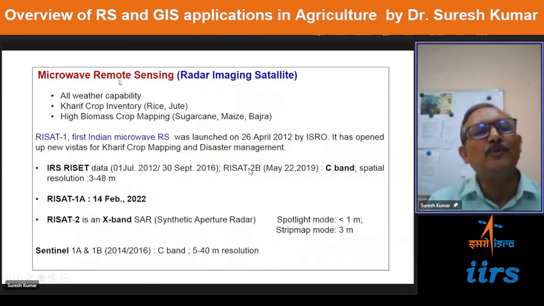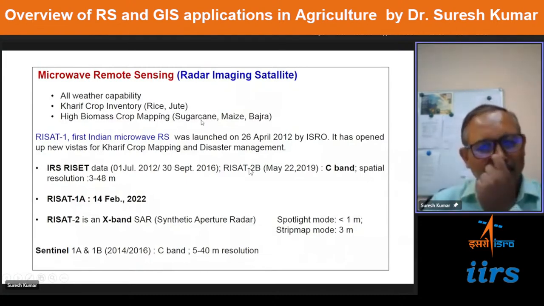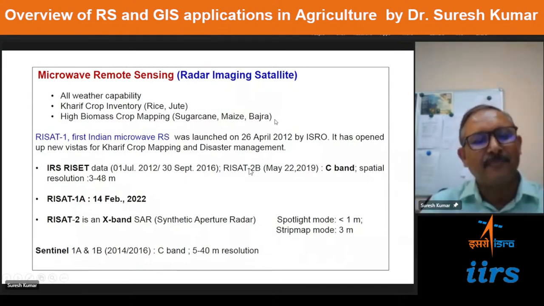So we are using microwave remote sensing satellites primarily in the Kharif season, because microwave remote sensing satellites have all-weather capability and can be used for the Kharif crop inventory and are also useful for high biomass crop mapping like sugarcane, maize, bajra.